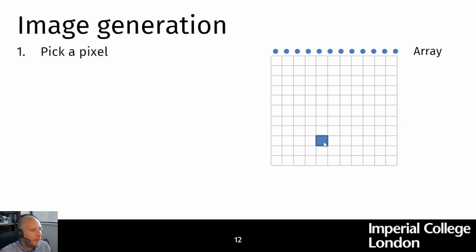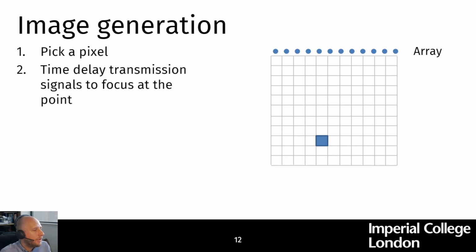And the concept is we pick a pixel first of all, so I've highlighted one down here, and we want to try and generate an image value for it. So what we actually do is we can time delay the transmission up here on the array to focus at this particular point. So to do that, we need to know the distances from the point to the array. So you can see that we've got two different distances here. We've got the closest point to the array and then the furthest point away.